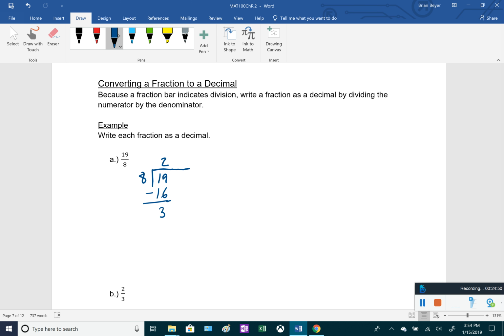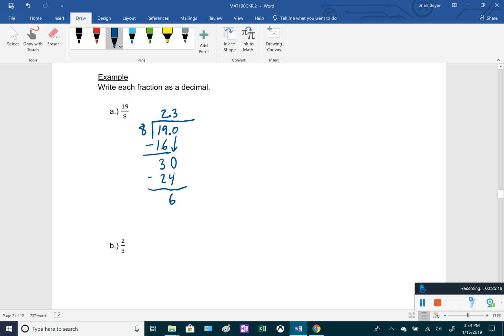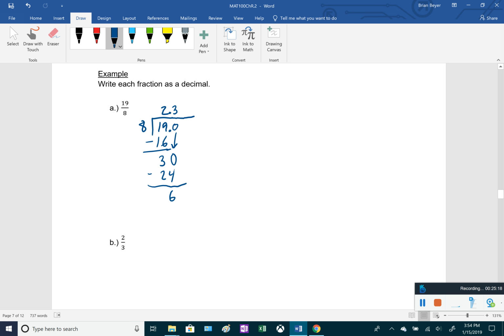Once we get to that 3, that would be like a remainder, but we're writing it as a decimal, not a mixed number. So we have to keep on going. We add a decimal here, put it up here also, bring down a 0. 8 goes into 30 3 times. 3 times 8 is 24. Subtract, we get 6. Bring down another 0.